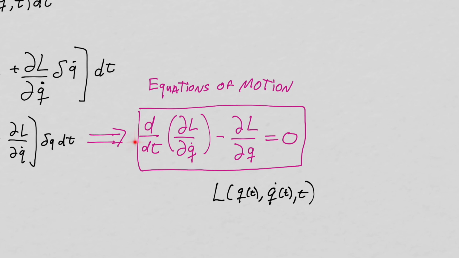You can take the total derivative of this because everything is a function of t. And in the end, this is an expression that's in terms of q, q dot, and t. And you set that equal to 0, it's a differential equation, typically nonlinear in any interesting problem, but that differential equation is an equation of motion. All right, so that's our landing spot, the Euler-Lagrange equation.